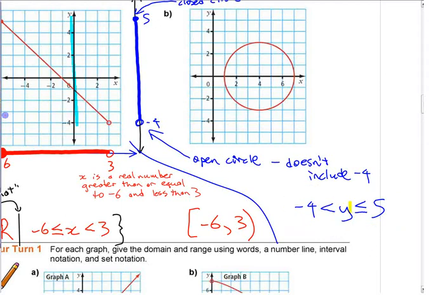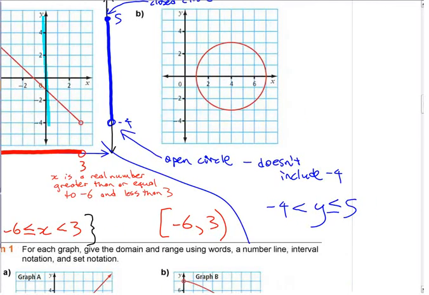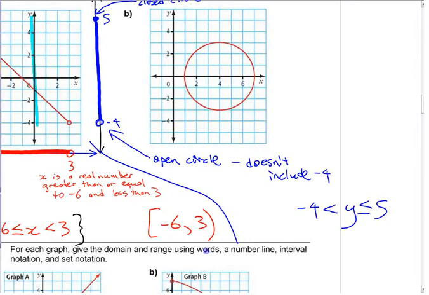If you want to make it like the book, they do something a little weird here. They put some other stuff on there, and I told you about this before. They tell you what set of numbers it belongs to, because you could have integers or whole numbers or something, but they say it belongs to the real numbers. So they have these curly brackets around it. Before they say what it is, they say that y has to be a real number.